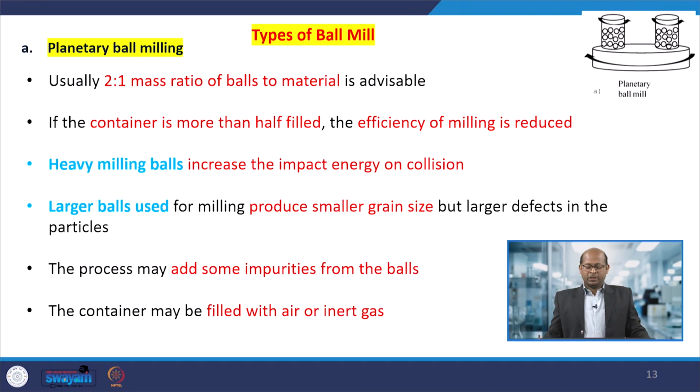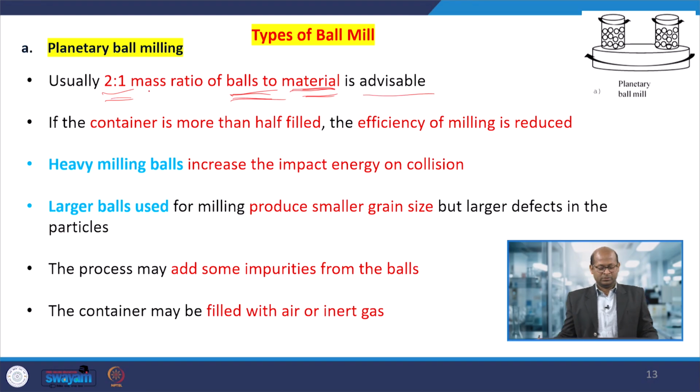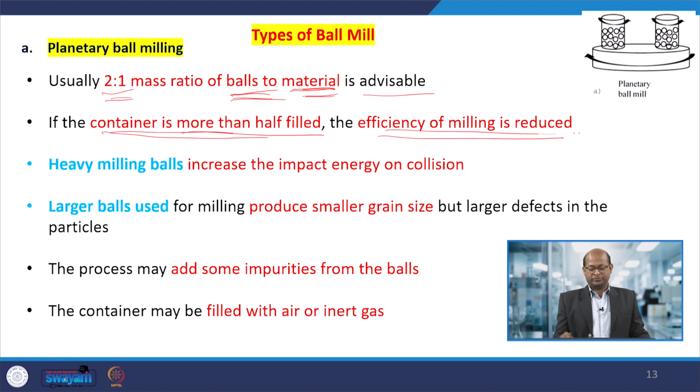In planetary ball mills, the ratio of balls to material is very crucial. We cannot use just any number of balls. Usually a 2:1 ratio is kept, though it can be changed depending upon our requirements or material quantity. If the container is more than half filled, the milling efficiency is reduced. For the jars we have taken, the balls and material should be a low quantity to achieve size reduction.